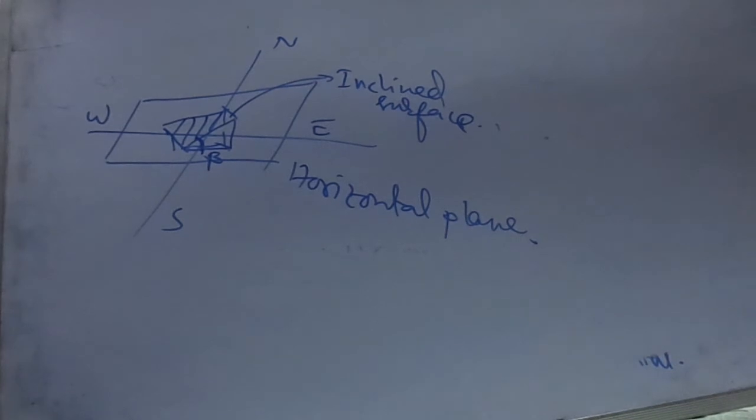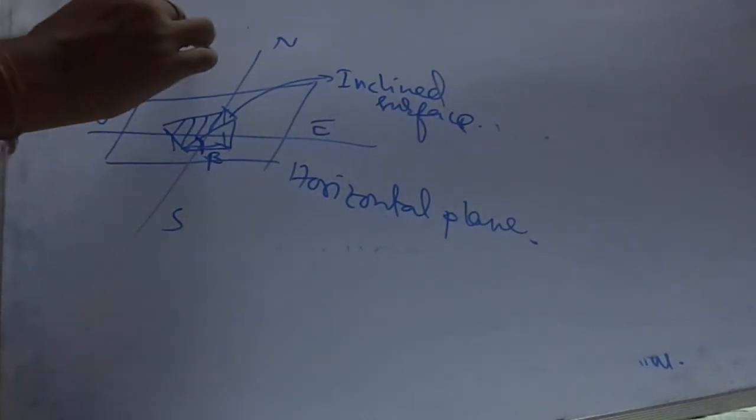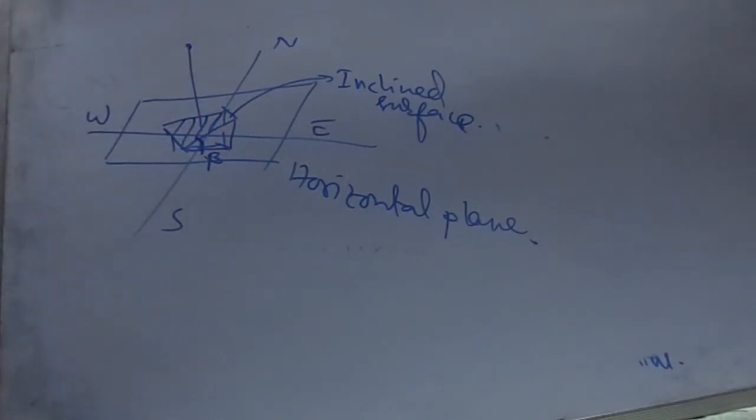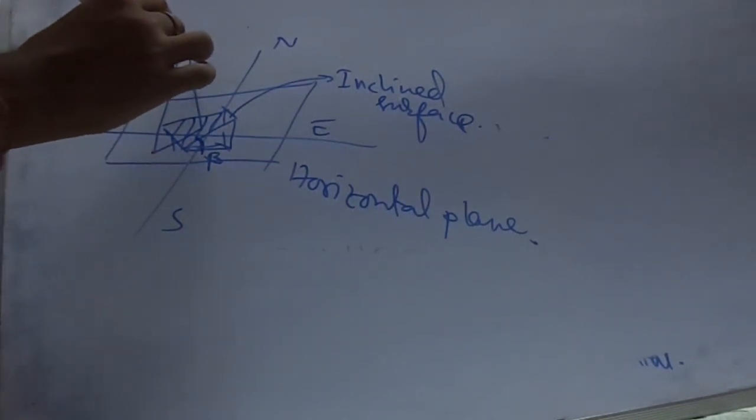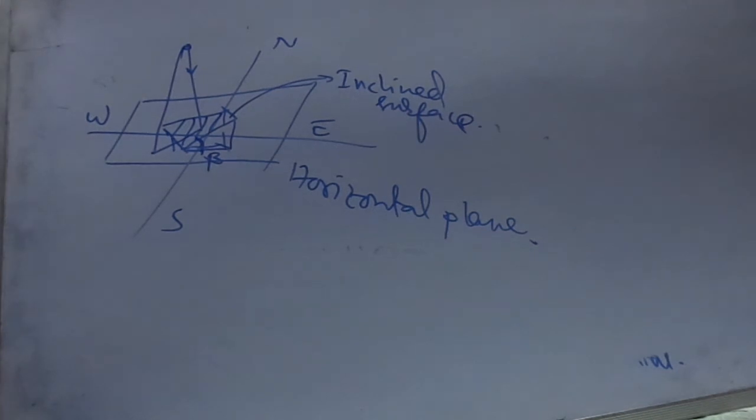This is the sun's ray and the normal to the surface. This angle is equal to gamma.